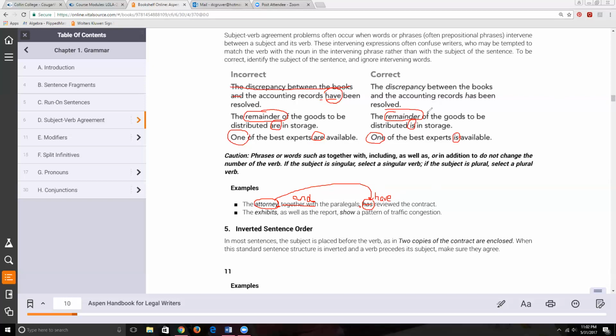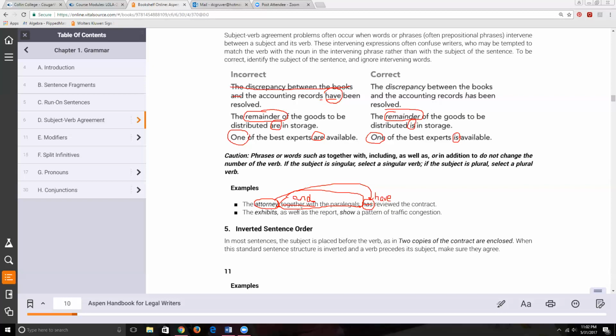I think it was rule 1. Let me go back and see. Singular subjects joined by and usually take a plural verb. So this becomes a parenthetical idea. We're really just looking at the attorney. And this is kind of like, oh, and by the way, other people looked at it. But we're really focusing upon the attorney.